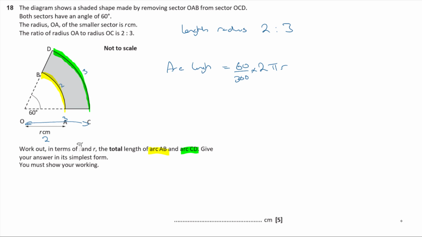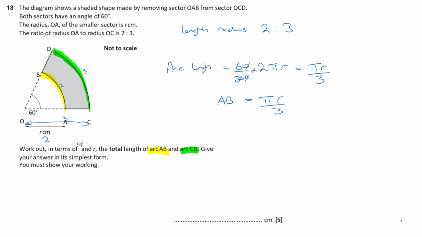Now 60 over 360, 6 over 36, that's 1/6, isn't it? So that's 2 pi r over 6, or pi r over 3 then. So that simplifies down to pi r over 3. Okay, so we're saying that the arc length AB is going to be pi r over 3.